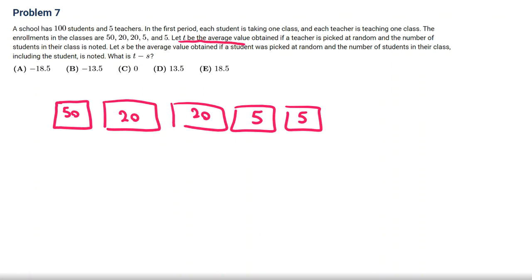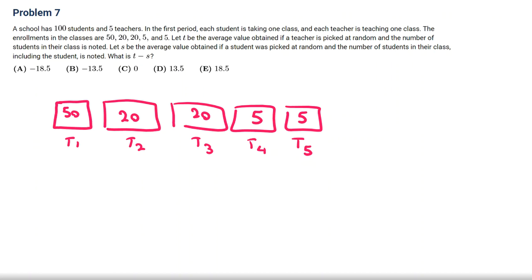Let T be the average value obtained if a teacher is picked at random and the number of students in their class is noted. Okay, so we have 5 teachers, without loss of generality teacher 1, teacher 2, teacher 3, teacher 4, teacher 5. If you ask teacher 1, how many students are in your class, the answer is 50.